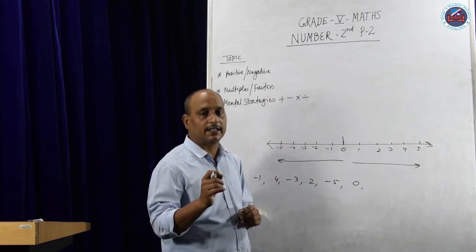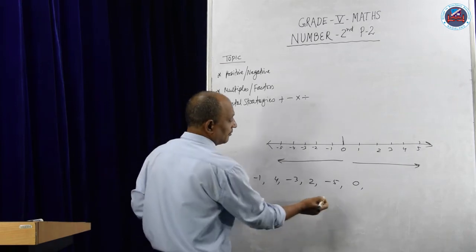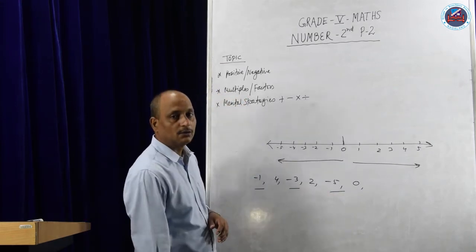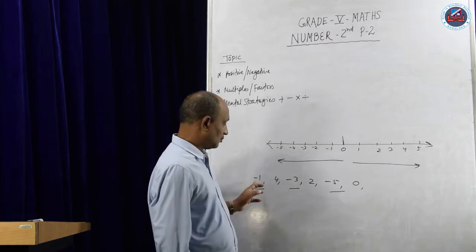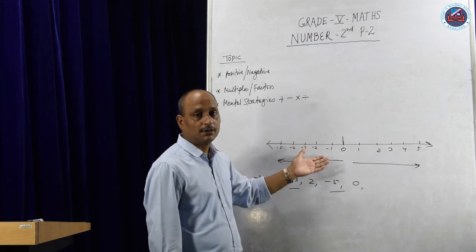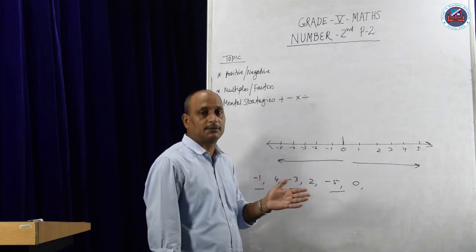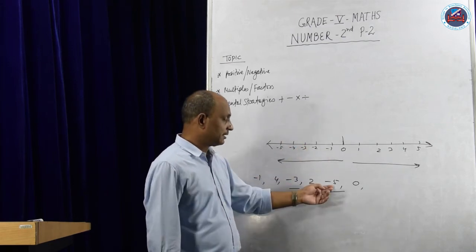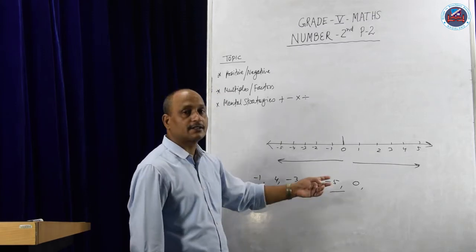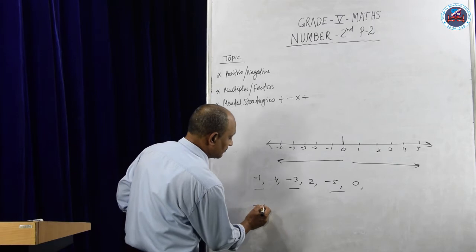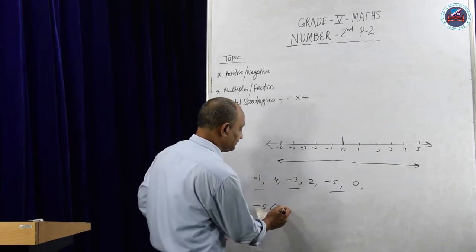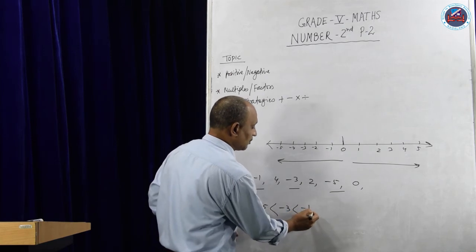Let us underline the negative numbers: -5, -3, -1. Which is the smallest, 1 or 5? Just now I told you, in negative numbers the greater number is the smallest. So the greater number is 5, and -5 is the smallest number. Next comes -3, next -1.